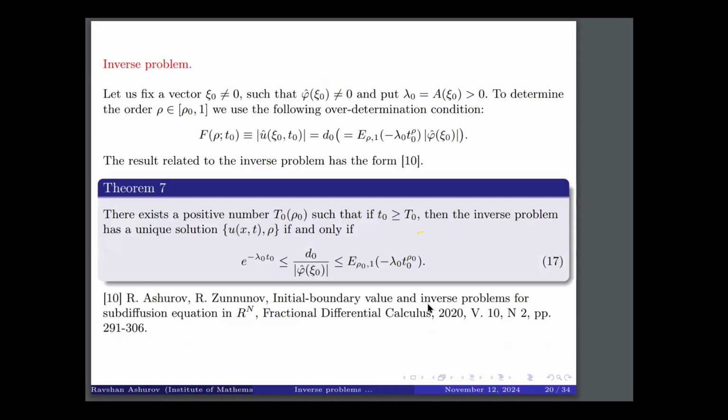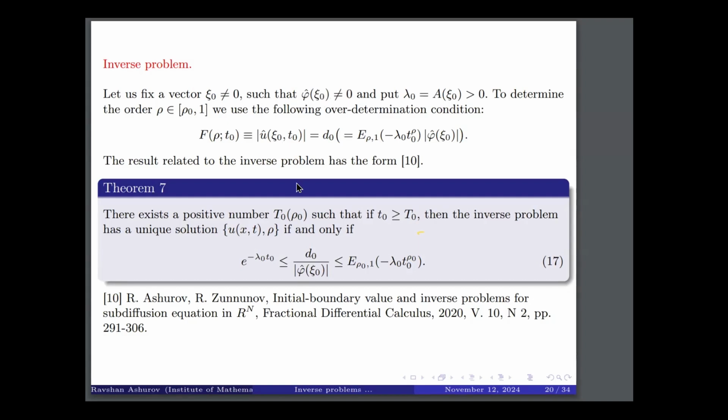And now the main thing is how to give the overdetermination condition. So the overdetermination condition we take as follows. This Fourier transform of the solution at one fixed point, and xi0 is taken with these conditions that xi0 is positive, and the phi function at this point is not zero.